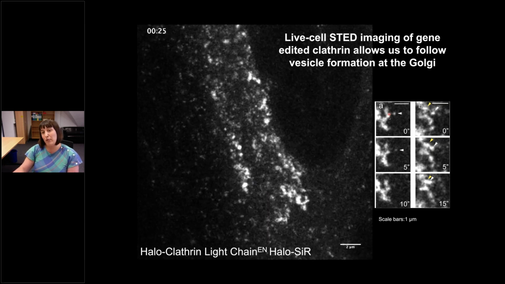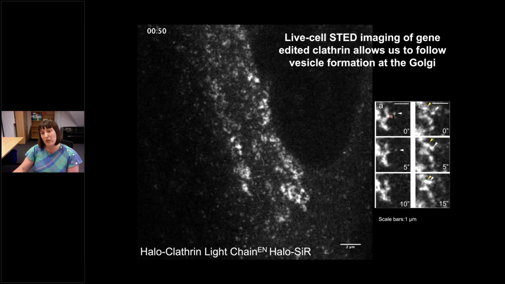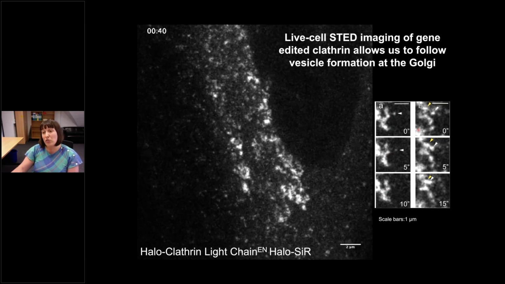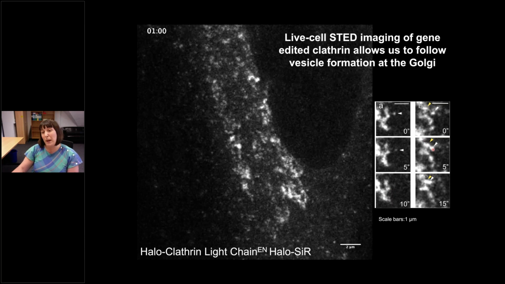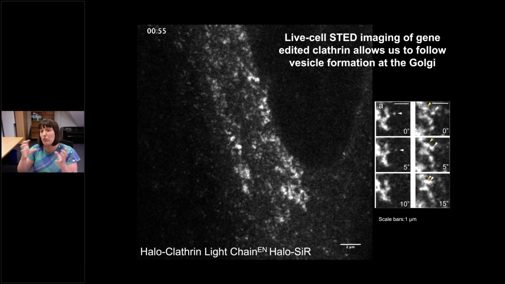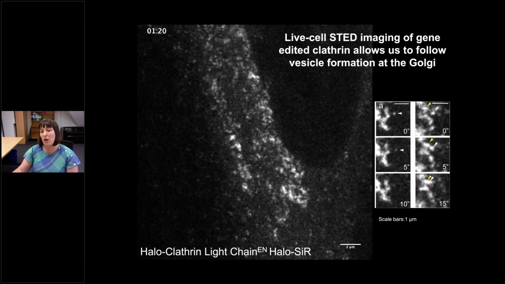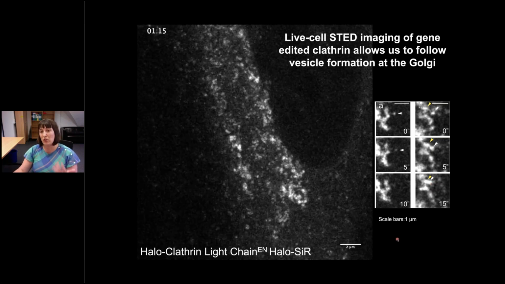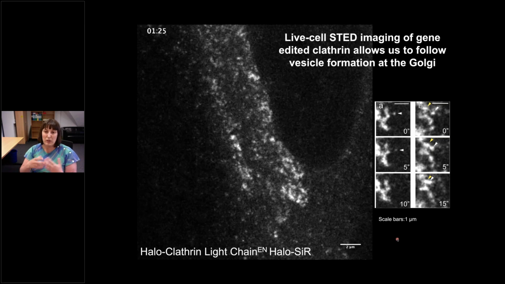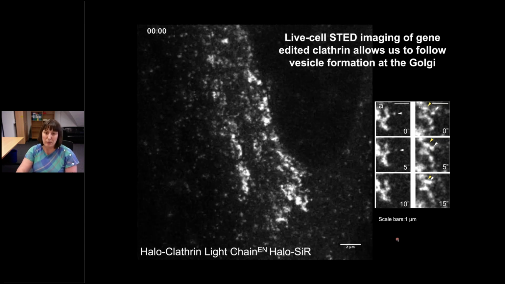You can see from the still frames that we can follow a vesicle forming from the Golgi. Or we can also look at clathrin nanodomains rearranging and restructuring on the Golgi, which is very important to understand how these vesicles are formed.